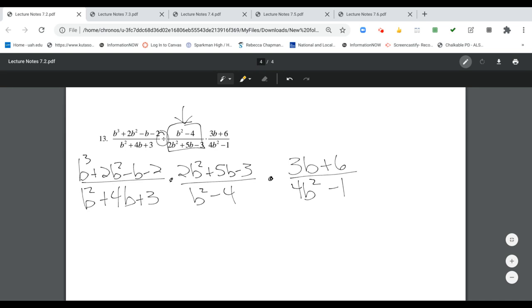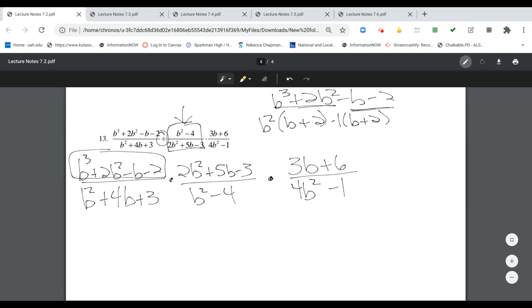Now I need to factor everything. So this is 4 or more terms. So I'm going to come up here, b to the third plus 2b squared minus b minus 2. When I group, I take out a b squared, and that leaves me with b plus 2. When I group, I take out a negative 1, and that leaves me with b plus 2. So that's b squared minus 1 times b plus 2.